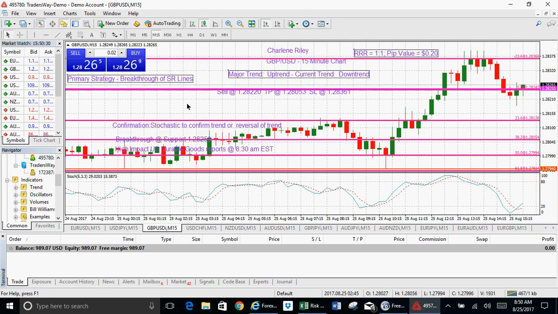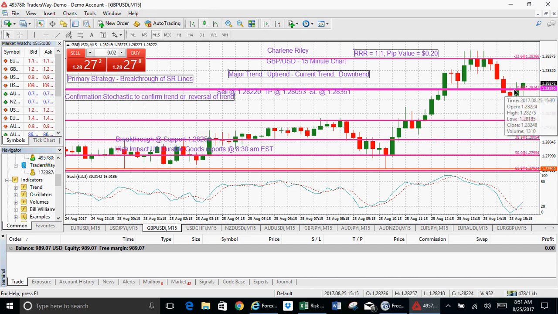And then for my confirmation, I usually use the stochastic oscillator to either confirm the trend or a reversal of the trend. And I can also use candlestick patterns. For instance, here we have a morning star, and so we do have the reversal.